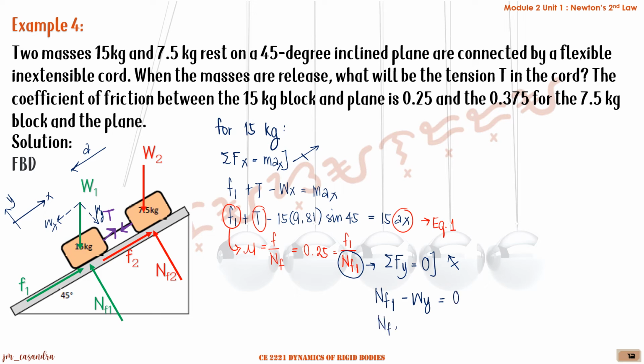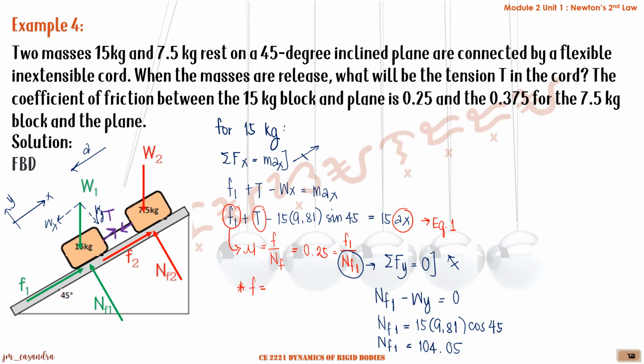So NF1 is equal now to Wy, which is 15 times 9.81 times cosine of 45. We get 104.05. So from here, we now can solve for F.